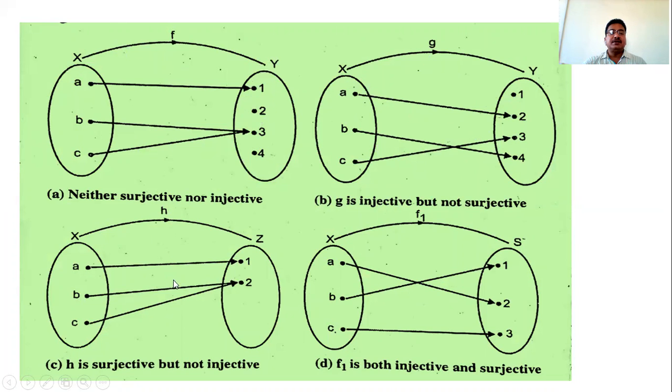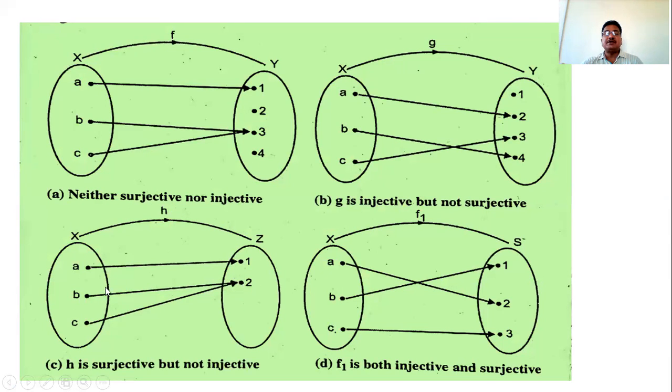This function h is surjective. Why? Because the codomain Z has only two elements and both have pre-images. The pre-image of one is a, and two has two pre-images. So this function is onto, because all the elements of the codomain have at least one pre-image.